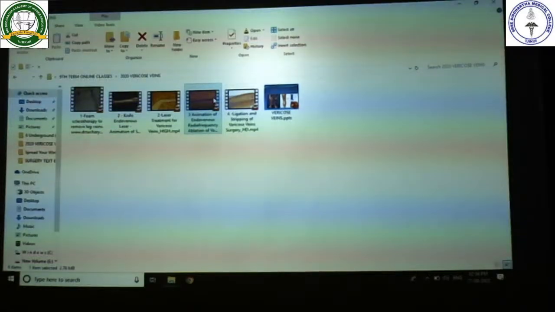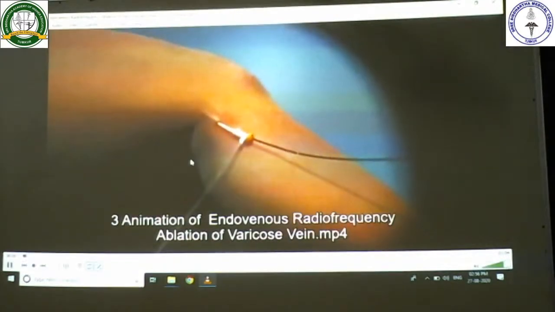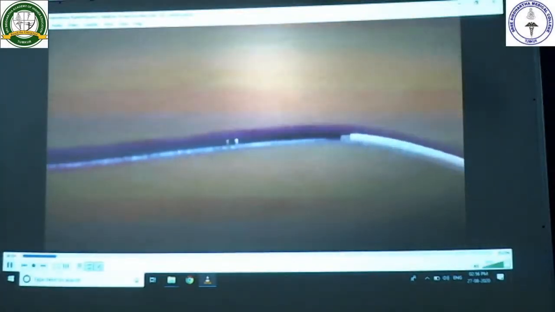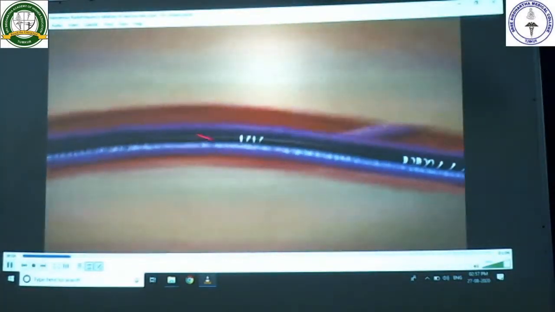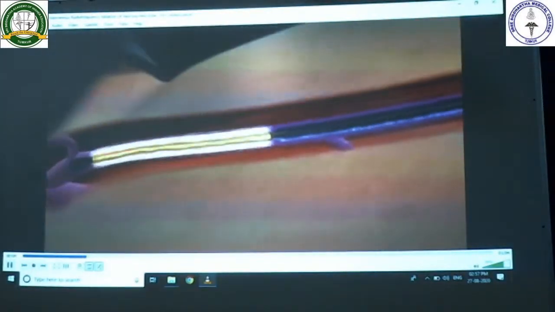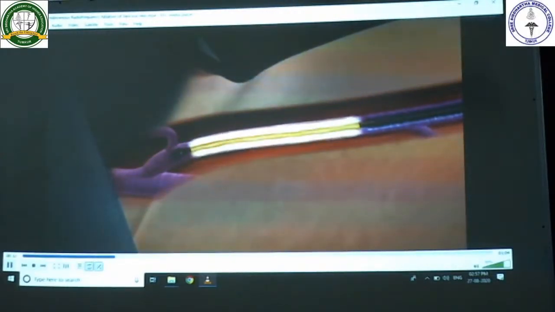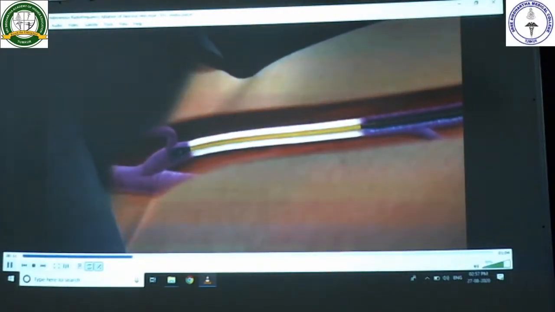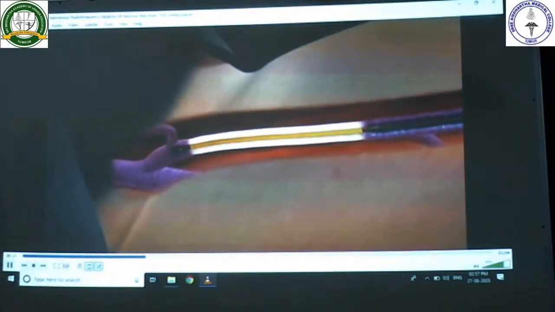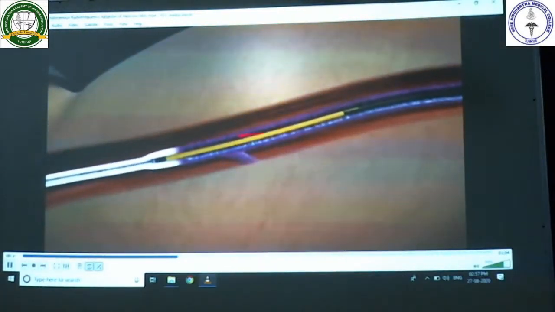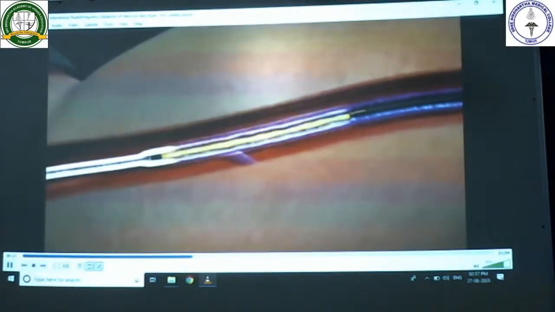This is also radio frequency ablation. Here, heat energy will come. Here the catheter is different. In case of laser, it directs at the tip. In radio frequency, the energy discharges sideways.